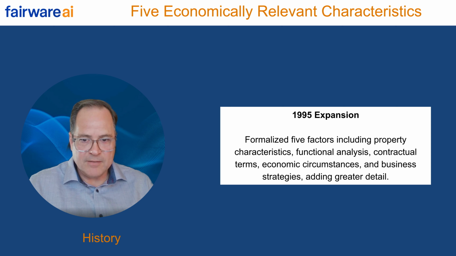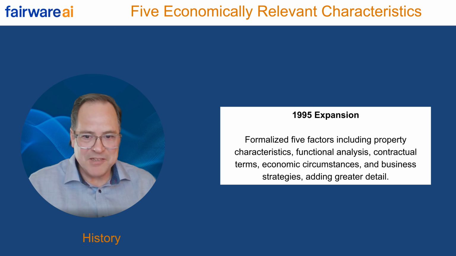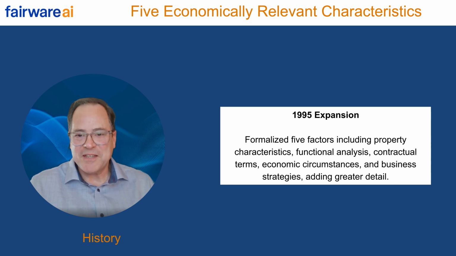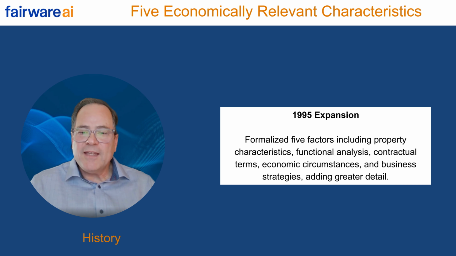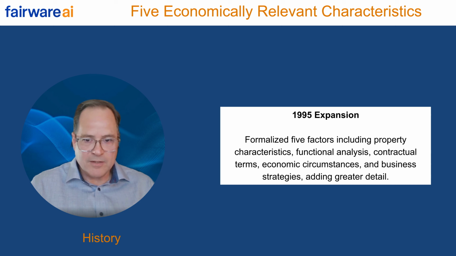The functional analysis was now institutionalized as a mandatory step for all the activities. It did clear a lot of the ambiguity that was in the 79 version. So, to us, a party that performs more functions and assumes more risk is expected to earn a higher return. That's obvious to us today, but it was a different environment back then.